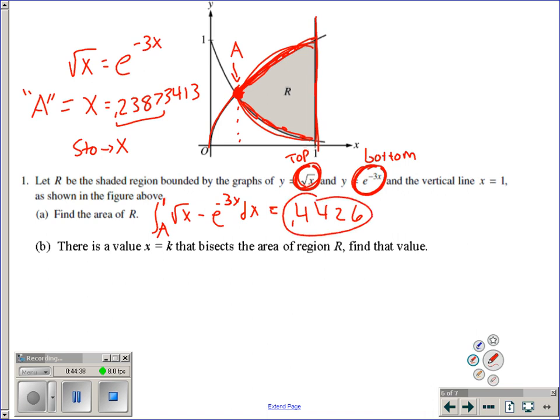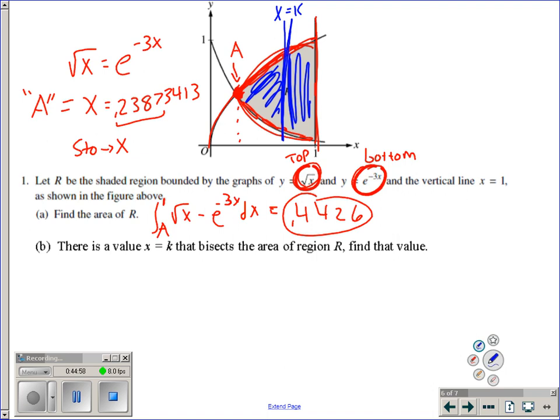Here's the part I really wanted to get to. It says there is a value x equals k that bisects the area of the region R, and I want to find that value. So I'm saying there's some x equals k value that's going to make it to where this area is equivalent to this area here. What the heck is that value going to be?